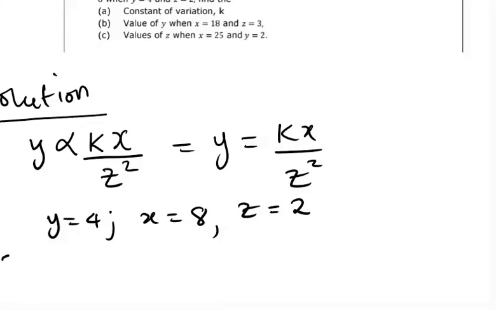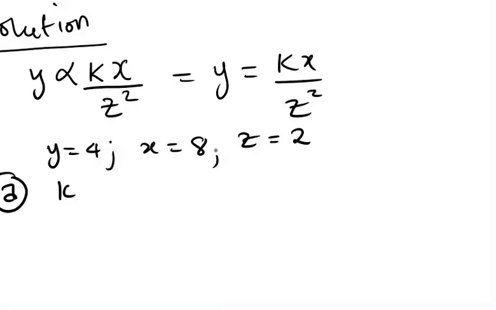Then question part A, we are finding k. How do you find k? You write y equals kx over z squared. For those who are very familiar with mathematics, you can make k the subject of the formula. This is over 1.